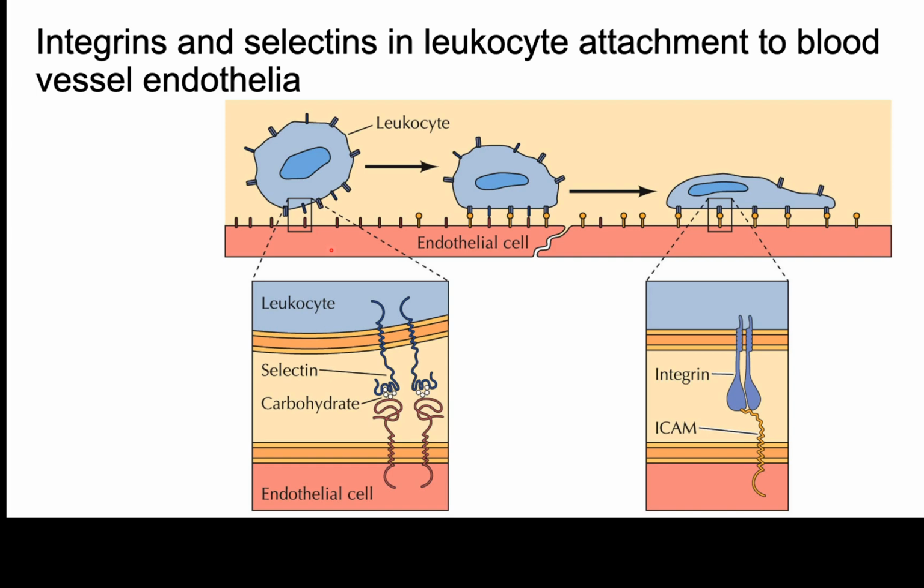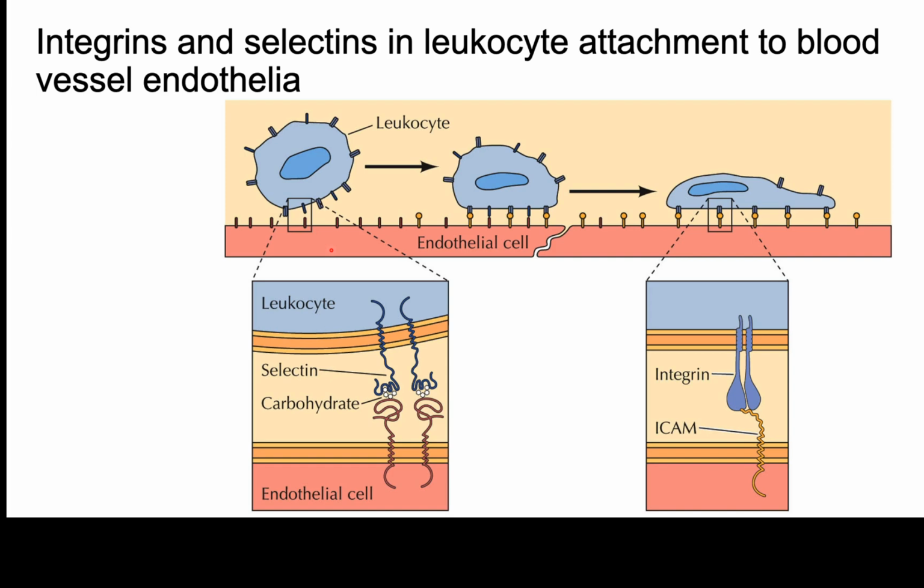it will recognize another class of transmembrane proteins, and those are those CAMs. And the CAMs, in this case, on the endothelial cells will bind integrin dimers on the leukocyte. And so these binding events will then mediate movement of that leukocyte to the site of inflammation.